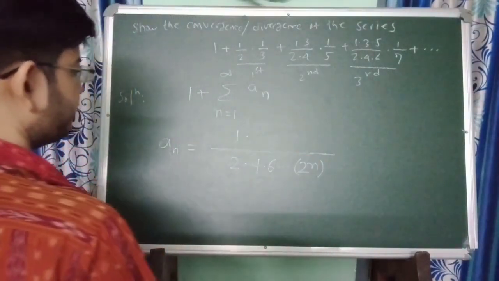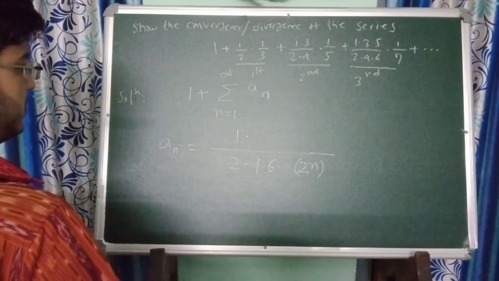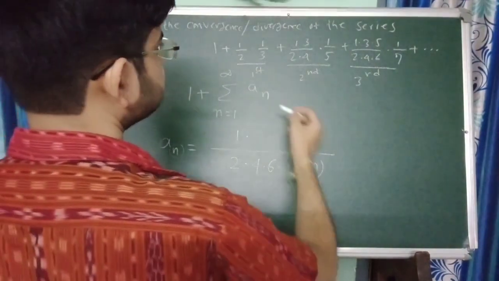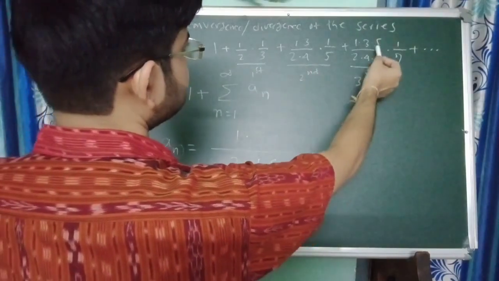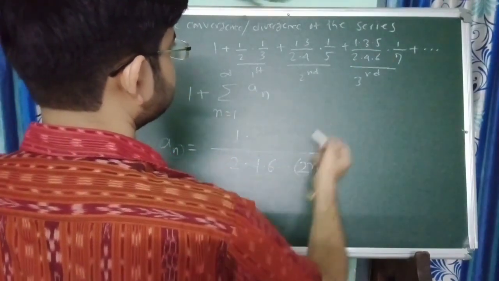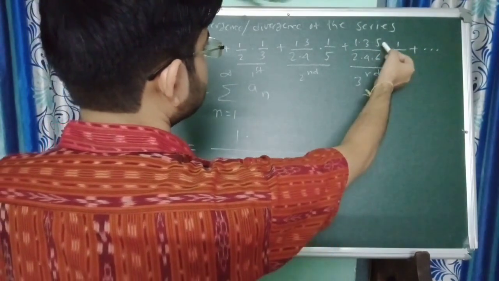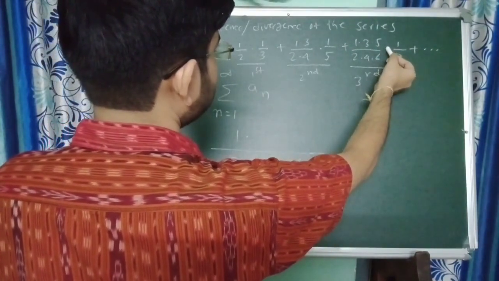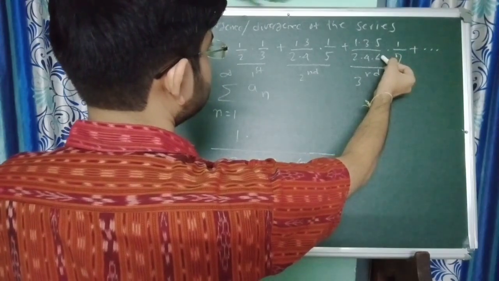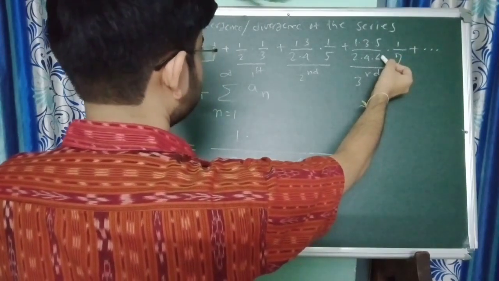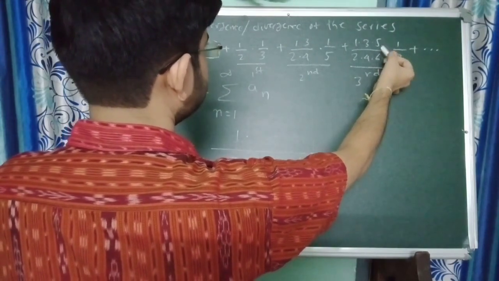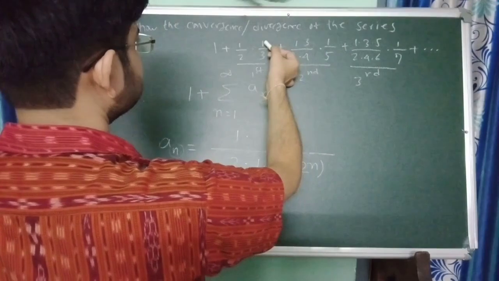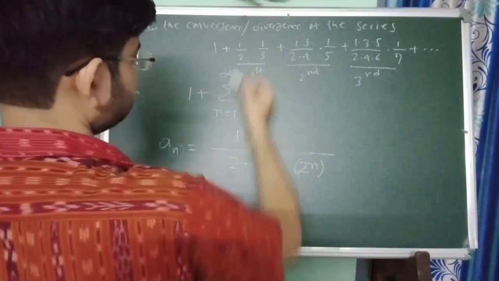So this is the denominator part of the general term a n, and we see that in each case, in the third term, the numerator part is also just 1 less than the last number of the denominator part: 6 minus 1 is 5, 4 minus 1 is 3, and here 2 minus 1 is 1.